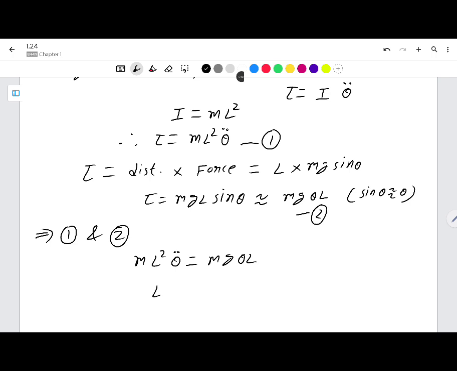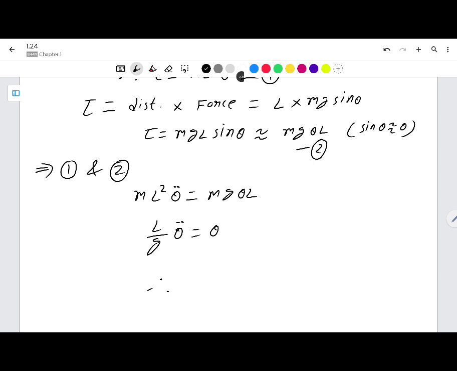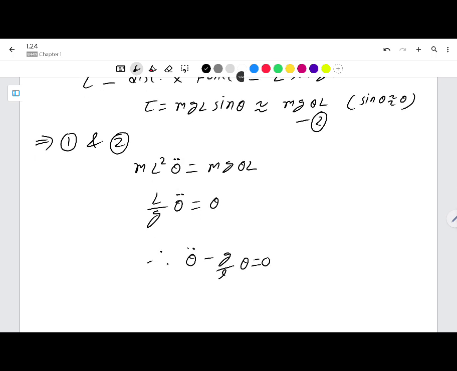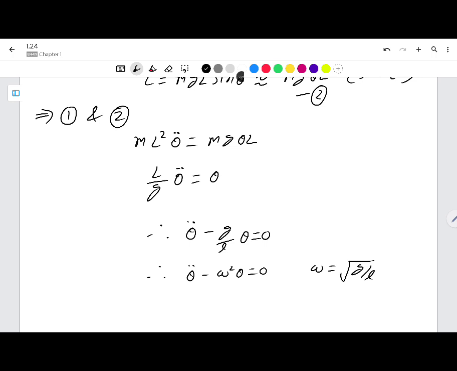So that would give us, there is L, there is g, theta double dot equals omega square theta, where I have defined omega as the angular frequency.